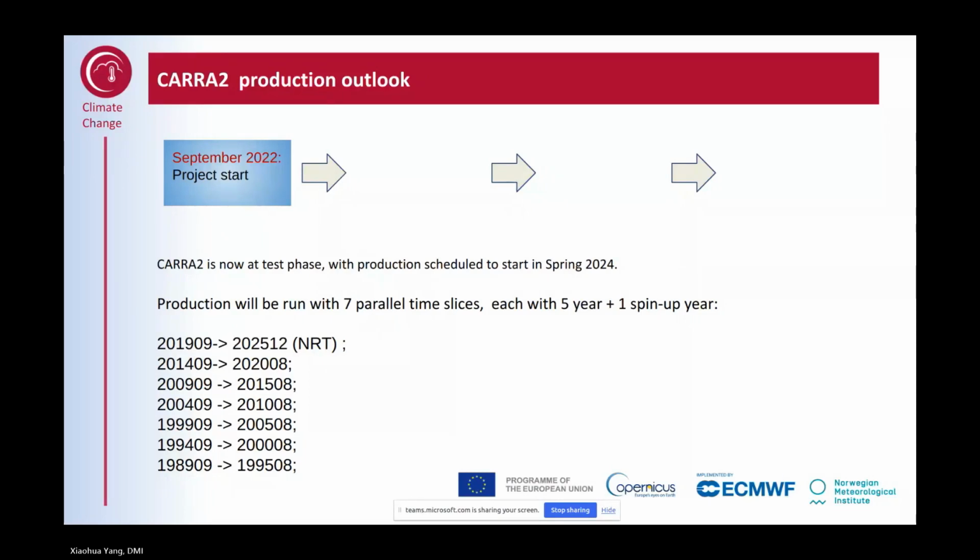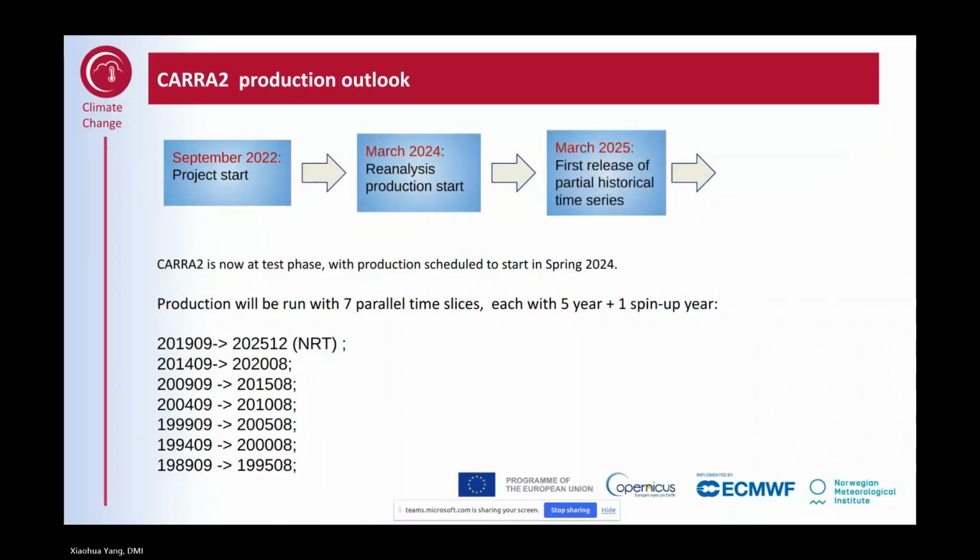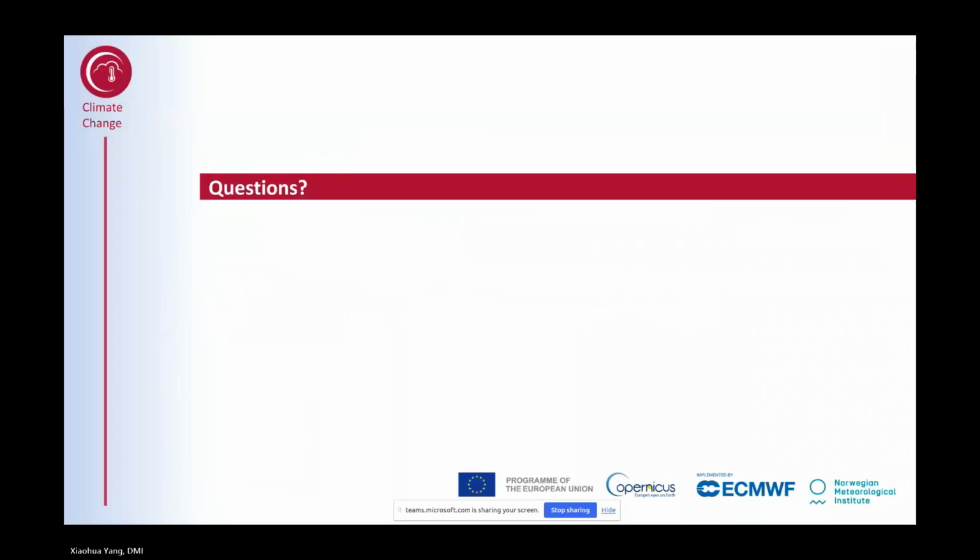But at the same time, we will also launch the production for the other time slices. So we hope that we can get it ready by the time of the required deliveries. I think that's about all I have to say. Thank you.